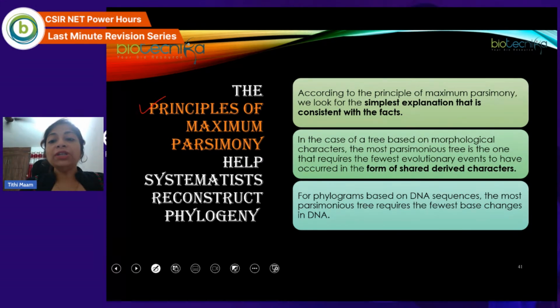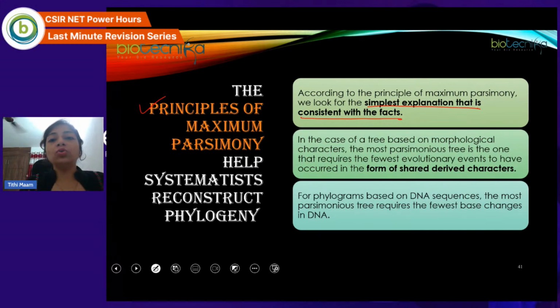Now, according to this principle, the simplest explanation is the most probable explanation, which has to be consistent with the facts. So what does that mean? This actually considers that evolution is a very simple pathway.